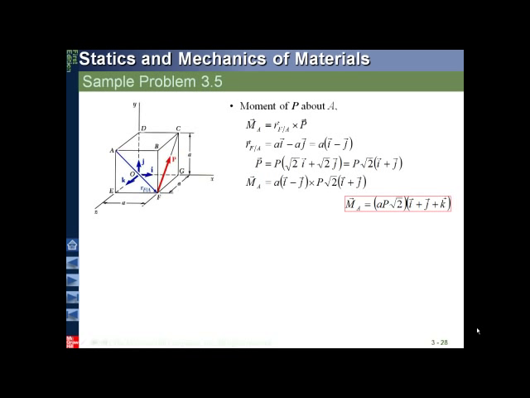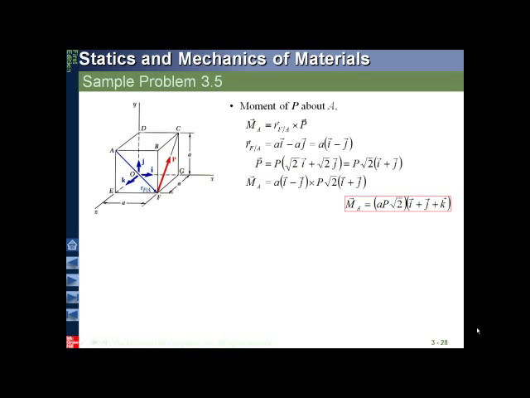The first thing on here, and we've done this now several times, is the cross product of the position vector of the force P about A. Now P is down there at F. I'm calculating a moment about point A. So I look at the position vector of F relative to A, or basically you can think, I'm at A and I'm walking towards F. How do I get there?